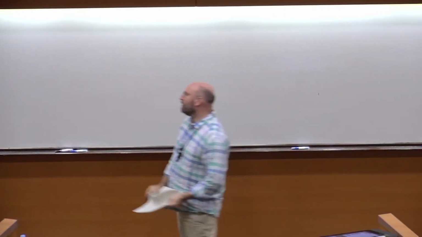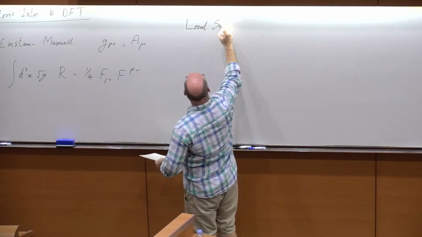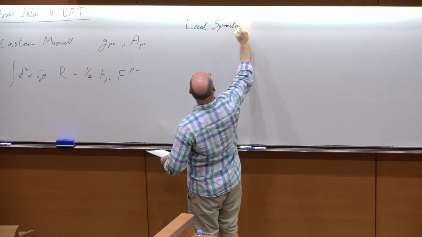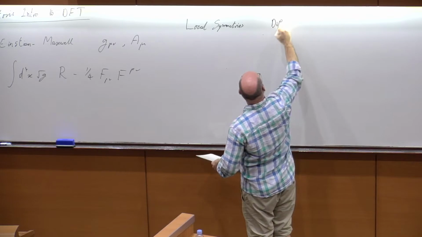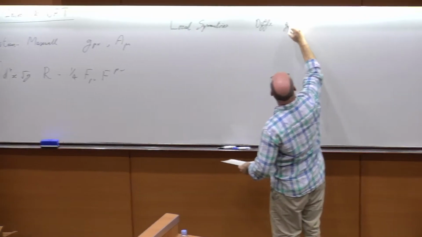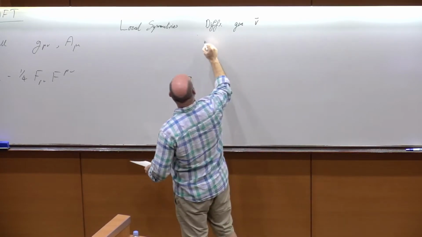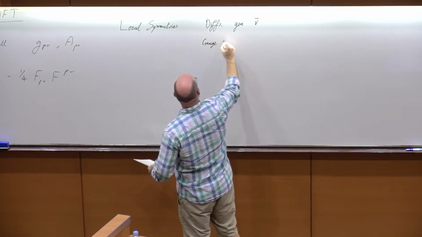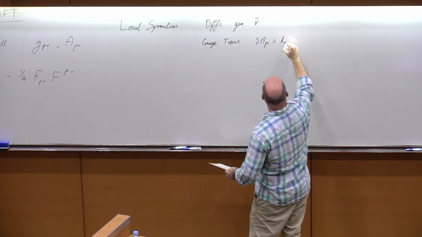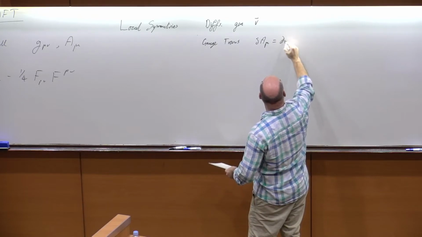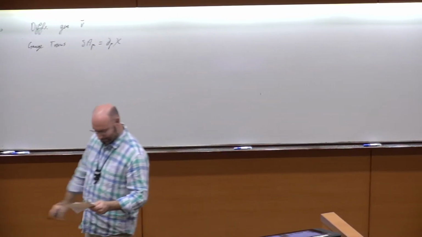And crucially, we know that the local symmetries are given by diffeos, which are generated by some vector field, and gauge transformations of A. So delta A mu is d mu chi. And we have these two local symmetries.